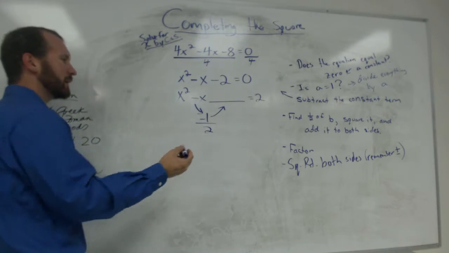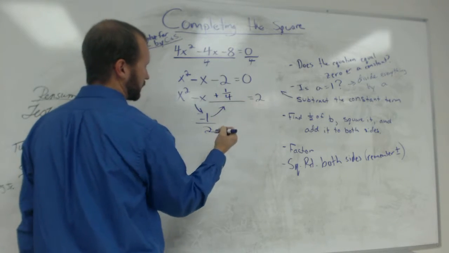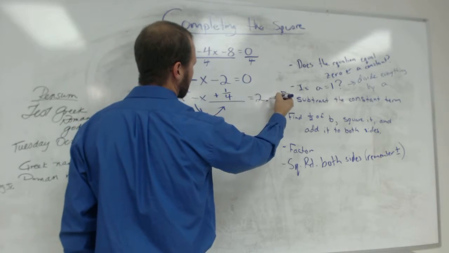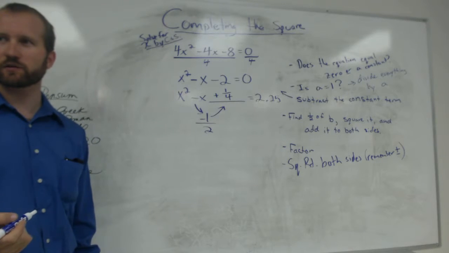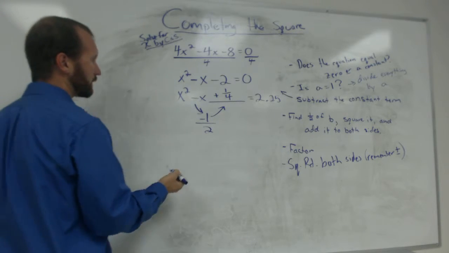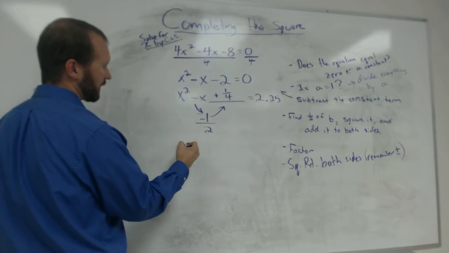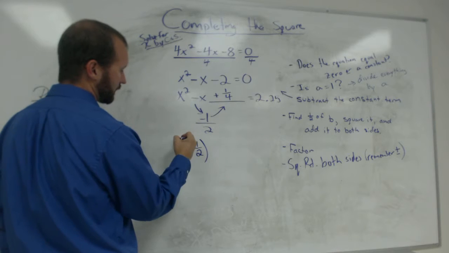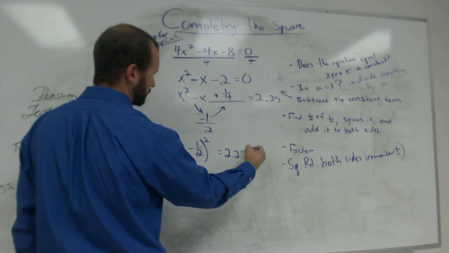Negative 1/2 squared is 1/4. So I'm adding a 4th to both sides. The 4th is 0.25. Do you guys agree? Yeah. Okay. I wrote it as a fraction here and a decimal here. Then I'm factoring x minus 1/2 squared equals 2.25.